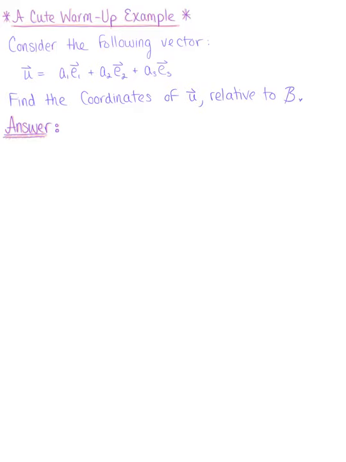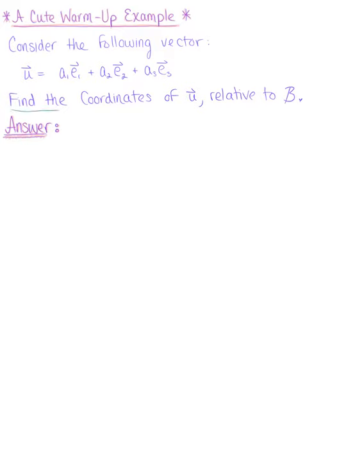So here we're looking at a cute little warm-up example to demonstrate how we've already been working with vectors of this notation. Here we're considering the vector u defined as a sub 1 times vector e sub 1 plus a sub 2 times vector e sub 2 plus a sub 3 times vector e sub 3.